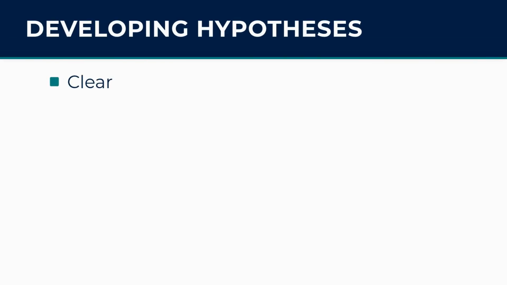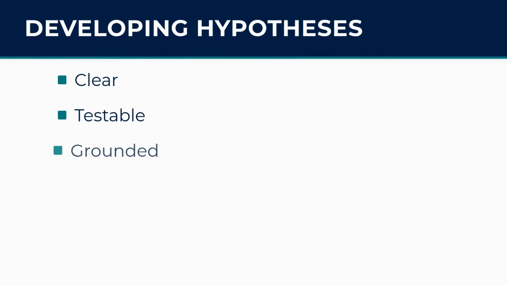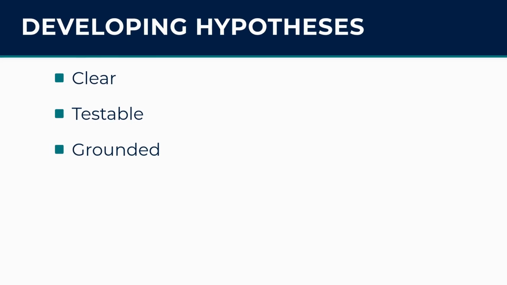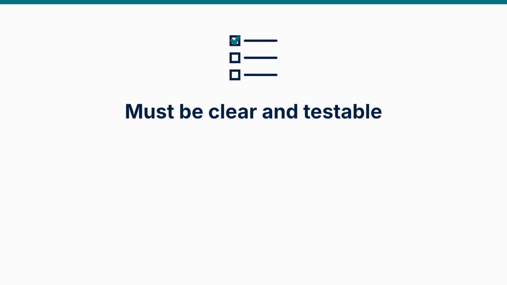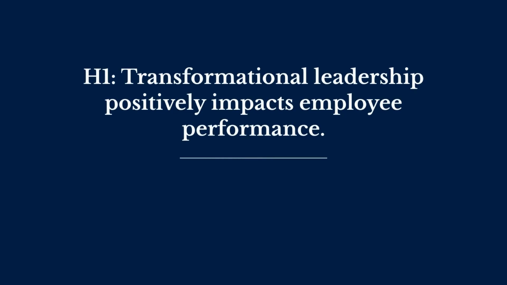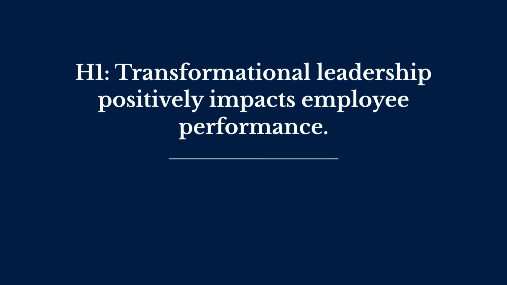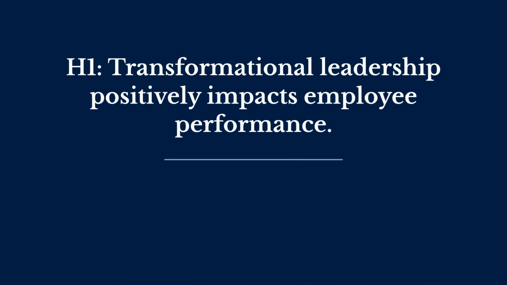After establishing your conceptual framework, the next step is to develop hypotheses, which are predictions based on the relationships you identified. Hypotheses should be clear, testable, and grounded in the literature. For example, based on the leadership example, you might write H1: transformational leadership positively impacts employee performance.